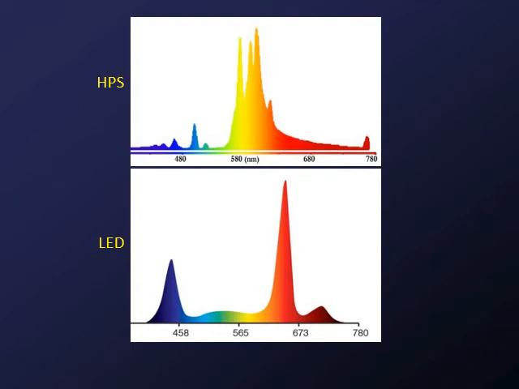First problem with these two graphs is the peak output, right? The intensity of the highest peak on an HPS light versus the peak output or intensity of the LED light is very different. So let's talk about it in terms of watts. If we look at the highest peak output for this light here versus this one, and let's say this one is at 100 watts.